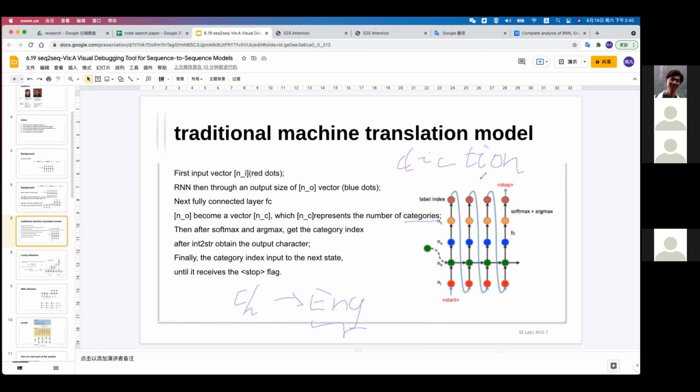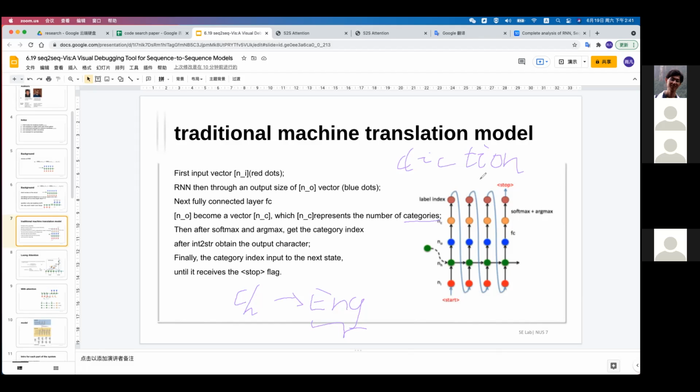That means the model can only generate words in the defined vocabulary. If the vocabulary size is 10K, the model can only generate English words in that 10K vocabulary. Once we enlarge the vocabulary size to 100K, we have enriched categories.